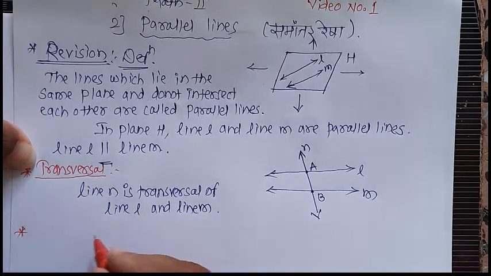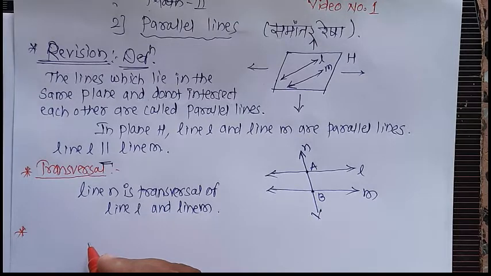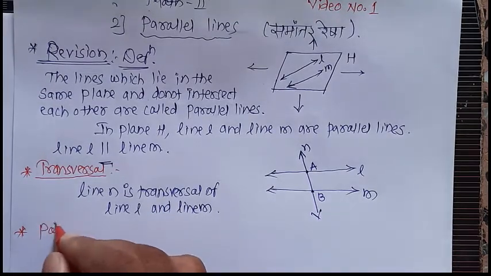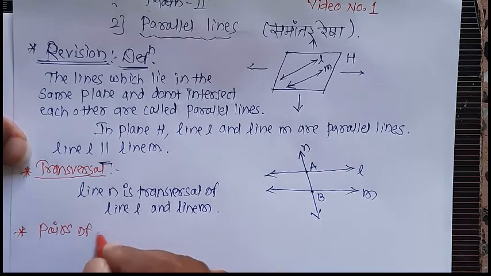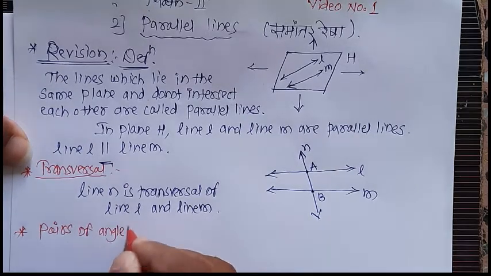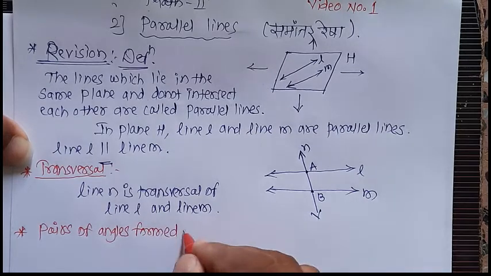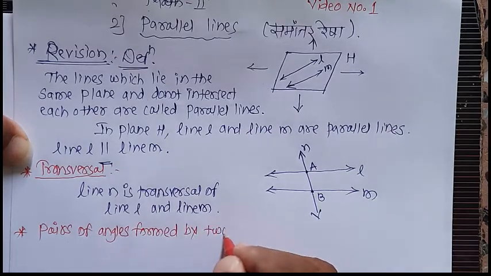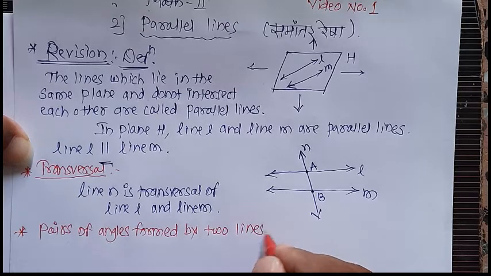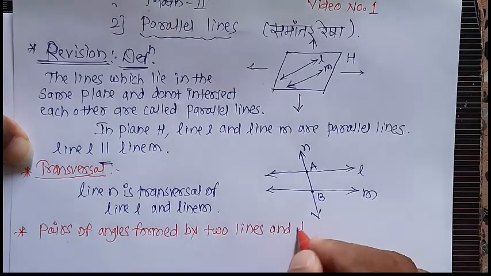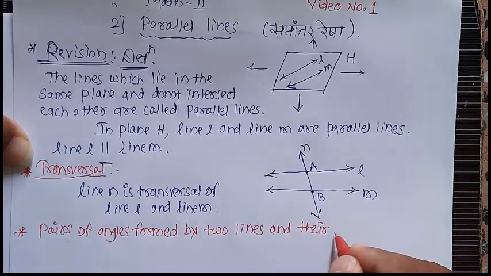So the next point we have to see is pairs of angles formed by two lines and their transversal.